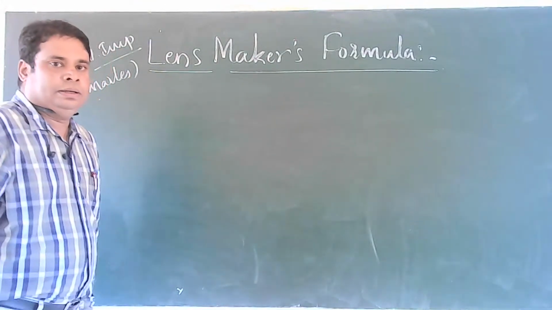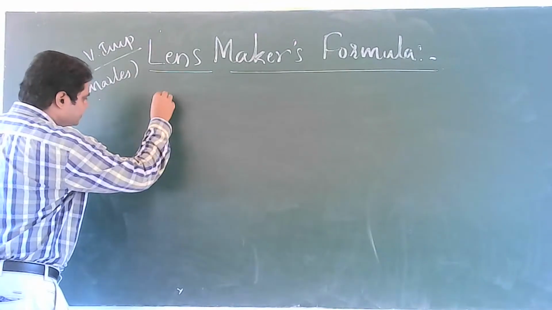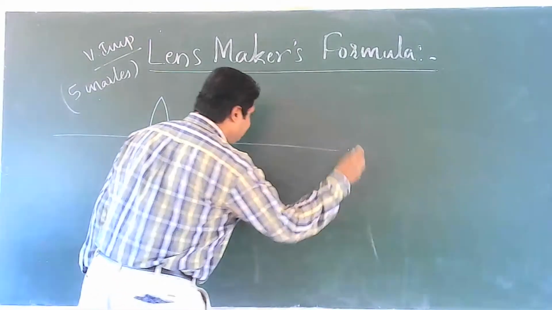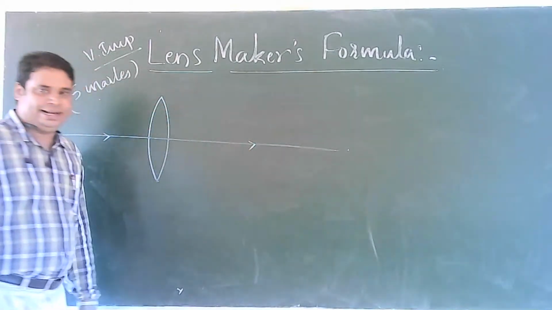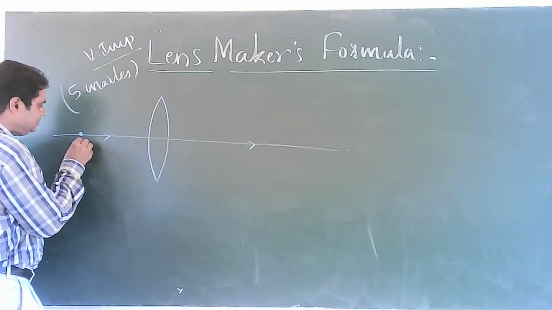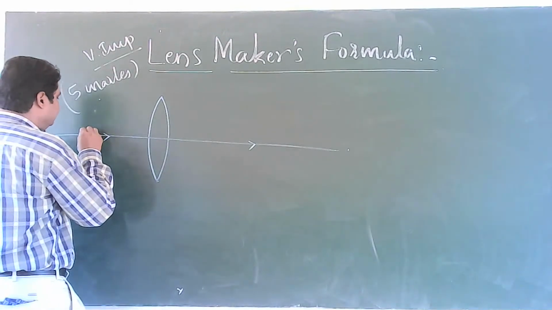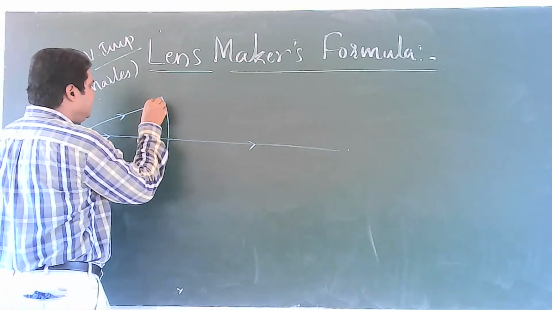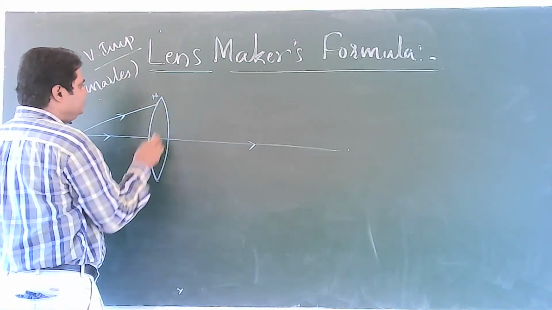Okay. Let me draw a lens, with a principal axis. A ray of light is also incident along the principal axis. Let us consider a point object O, and the ray is incident at a point, say N1.